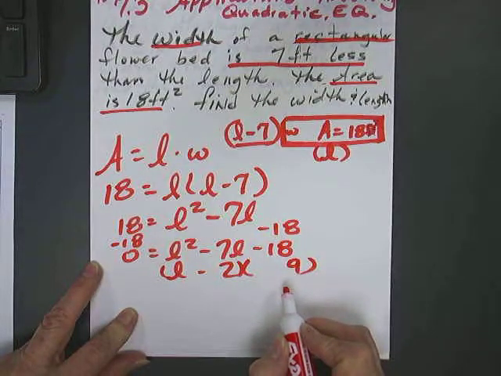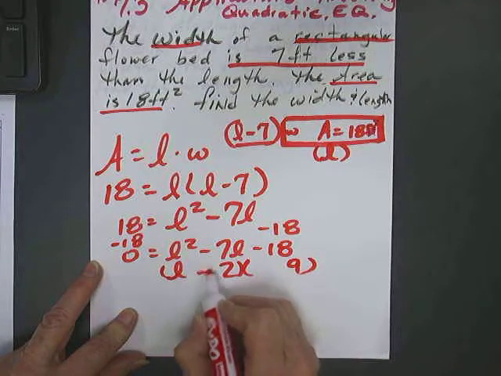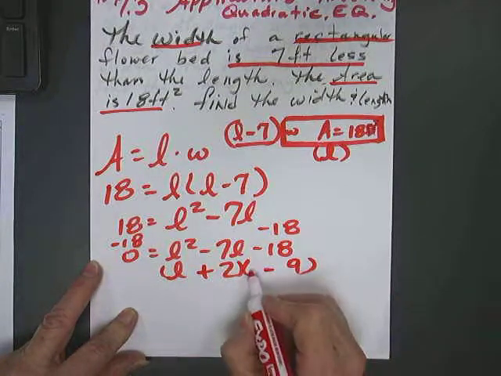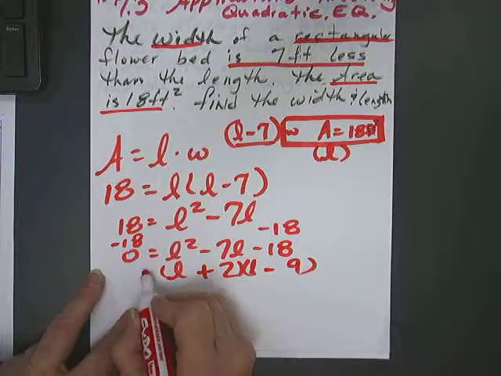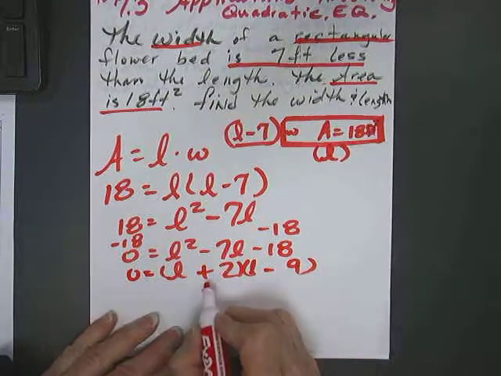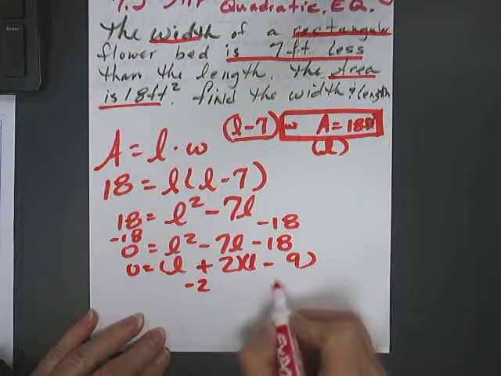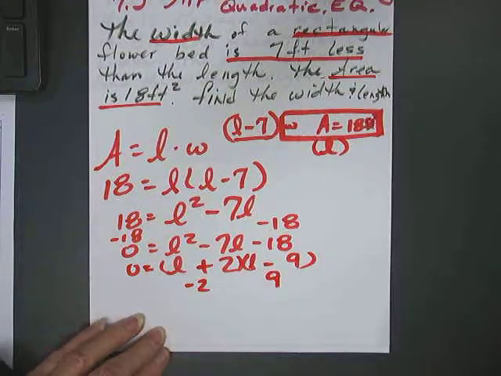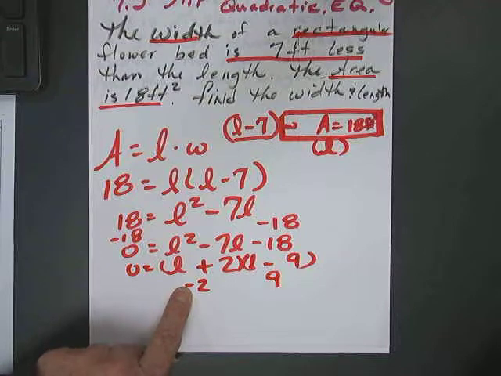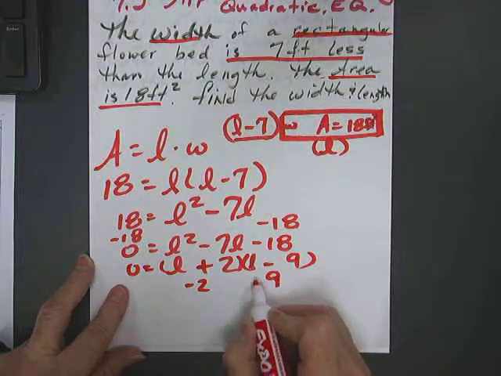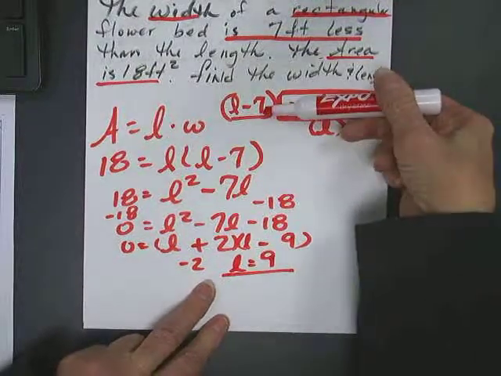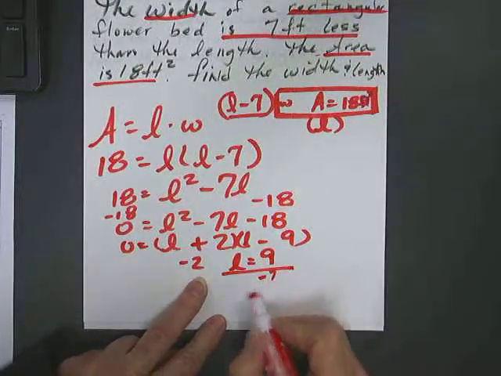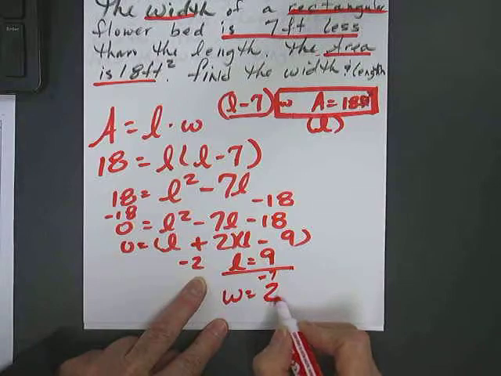Is one of them negative? 2 is positive and 9 is negative, the biggest one's negative. So we have the length, a negative 2 and a positive 9. Are we going to have a negative length? No. So the length is 9, and the width will be 7 less than that.